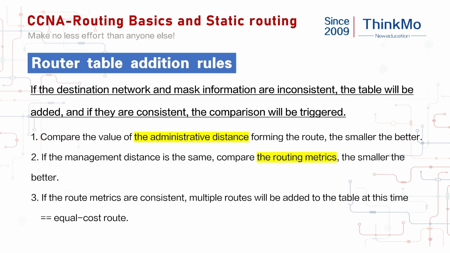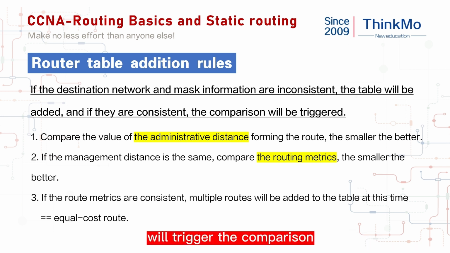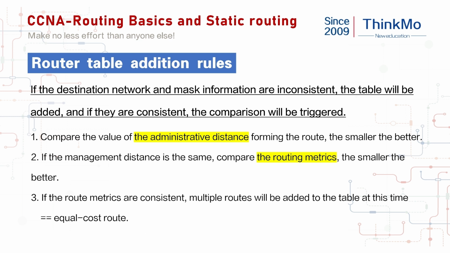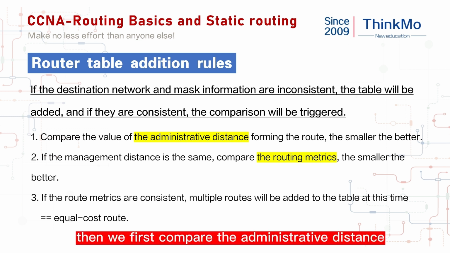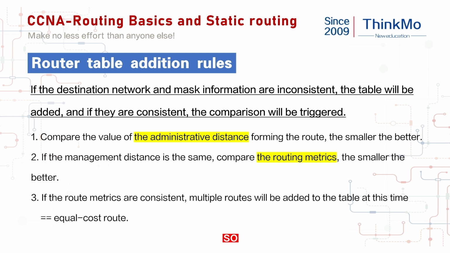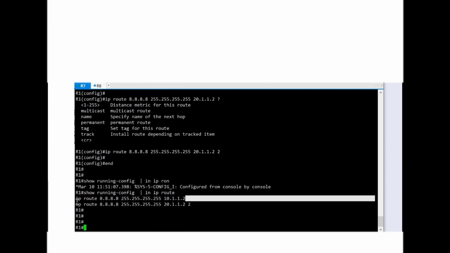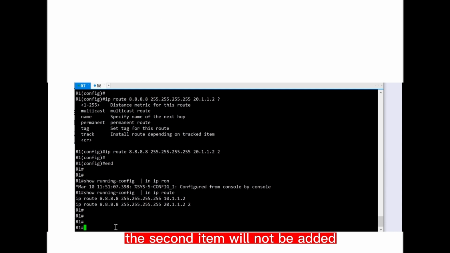The destination network and mask are the same, so we trigger the comparison. We first compare the administrative distance, and smaller is better. So, 1 versus 2. Obviously the first one is better. If the first one is better, the second one will not be added.